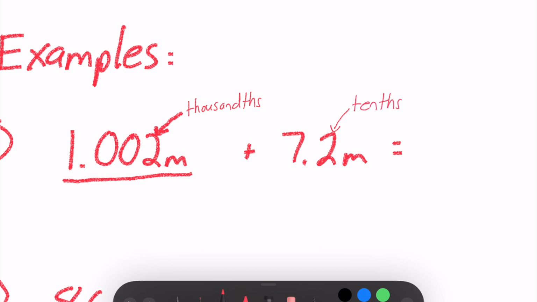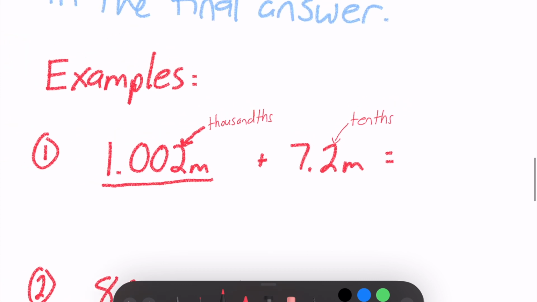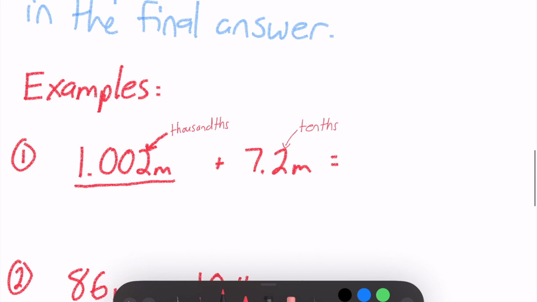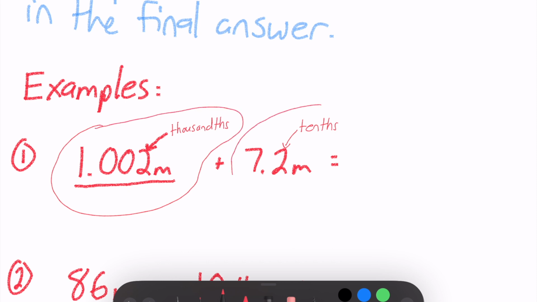Again, the rule while adding or subtracting is that we can only be as accurate as our least accurate measurement. In this number we are accurate to the thousandths, and in 7.2 meters, we are accurate to the tenths.